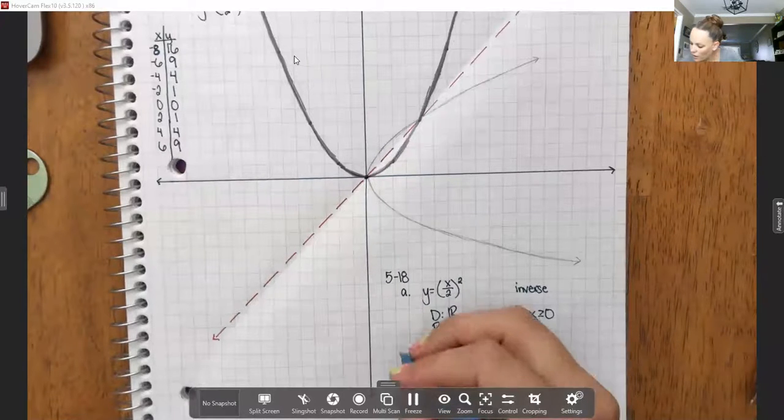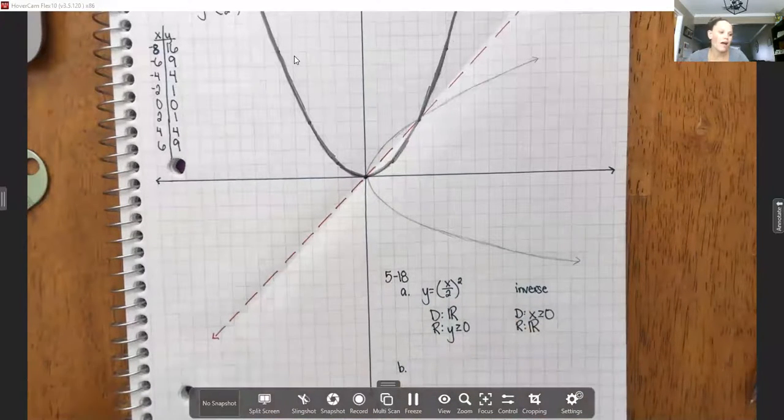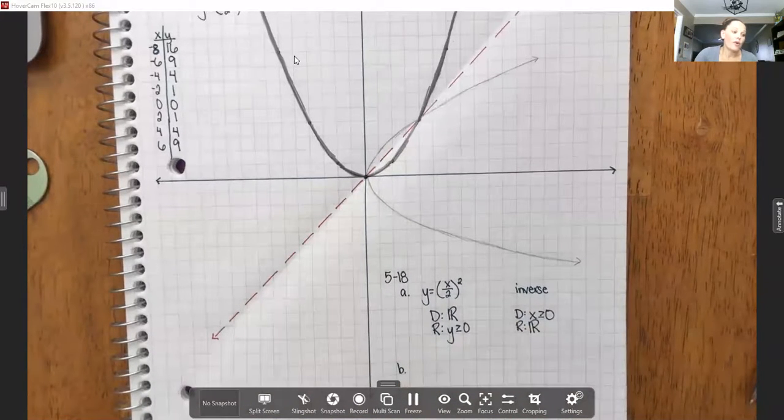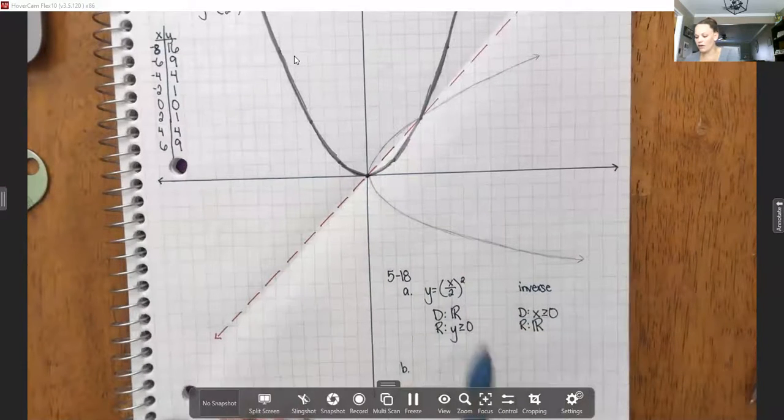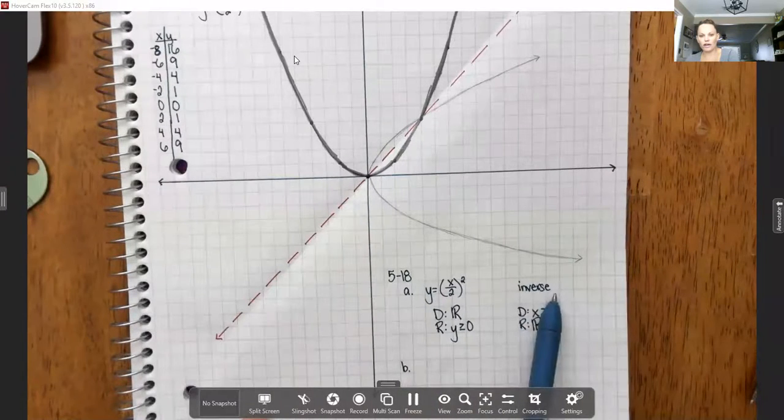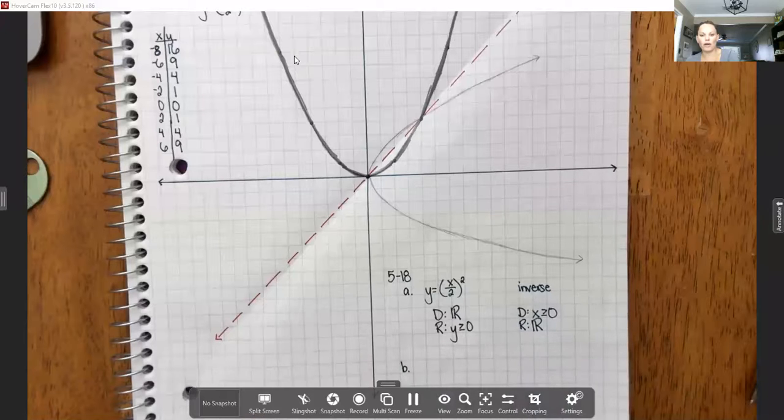So for part B, how are the domain and range of the original function related to the domain and range of the inverse? So here's our original, here's our inverse. What happened to our domain and range here?